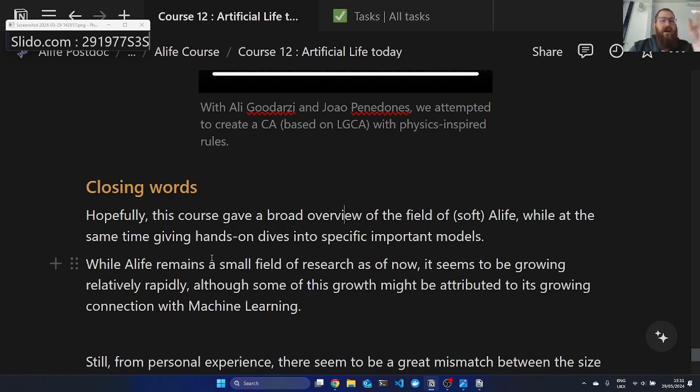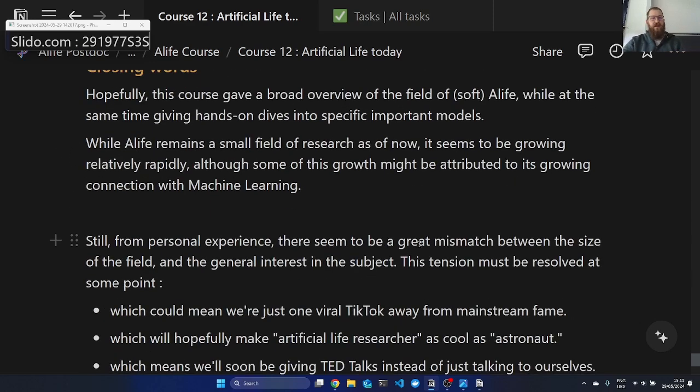For now, the field of A-Life is still a small field of research. For example, there are not a lot of permanent positions for A-Life, even postdocs are very rare. But it seems to be growing relatively rapidly. Although some of the growth might be just because it's related to machine learning and machine learning is exploding, I don't think so. I think it's still growing in itself.